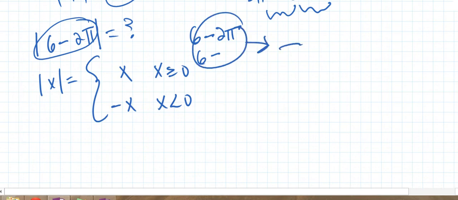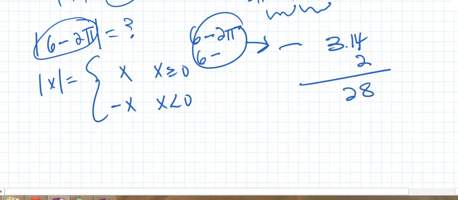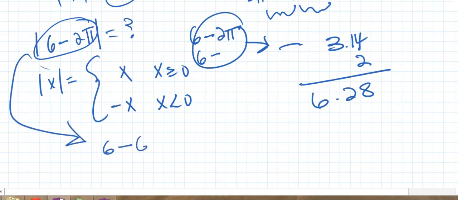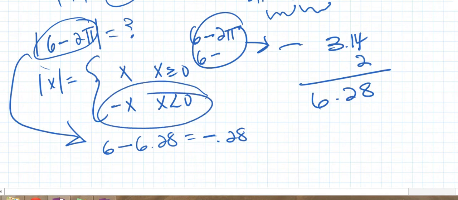Let's just use the value I know of pi, 3.14, times 2, just to evaluate real quick. You get 6.28. So 6 minus 6.28 is going to give you negative 0.28, which is a negative number. So we're going to use the second case here. We take this, multiply it by a negative, and we get positive 0.28.